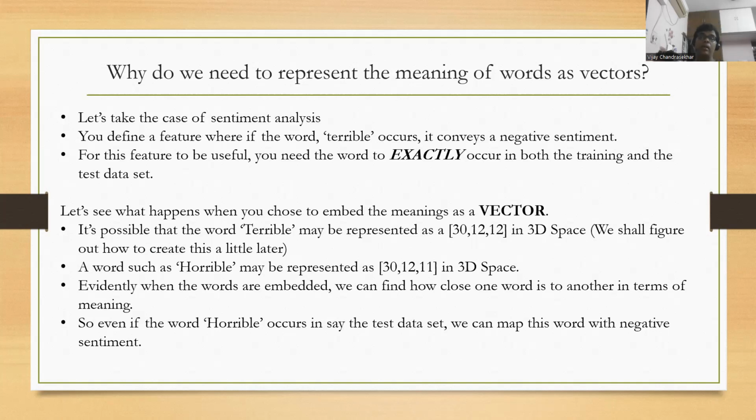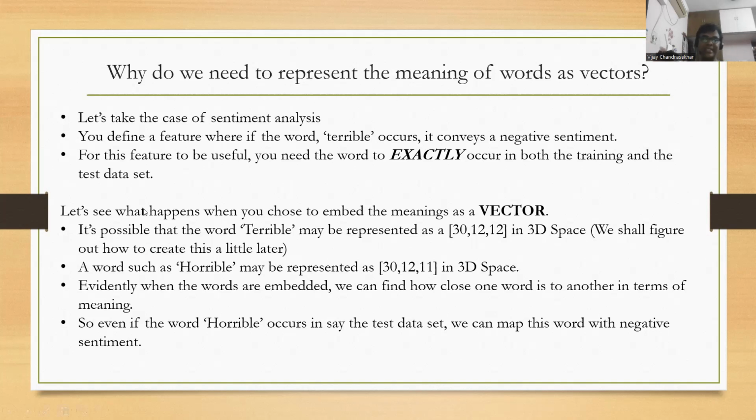Okay, but let's say we represent the word terrible as a vector instead of merely looking for the word terrible. நம்ம அதை vectorize பண்ணிடுறோம். எப்படி பண்றோம்ன்றதெல்லாம் வேற கதை. Okay, but let's say we managed to vectorize it.